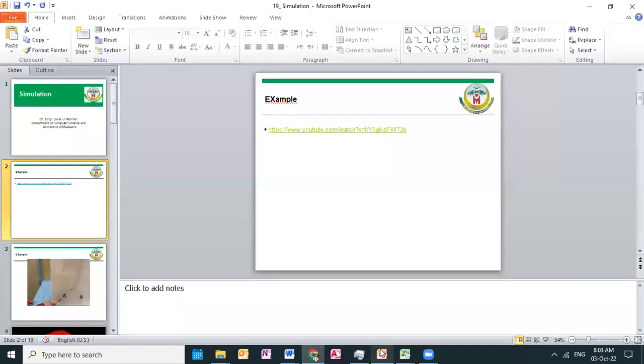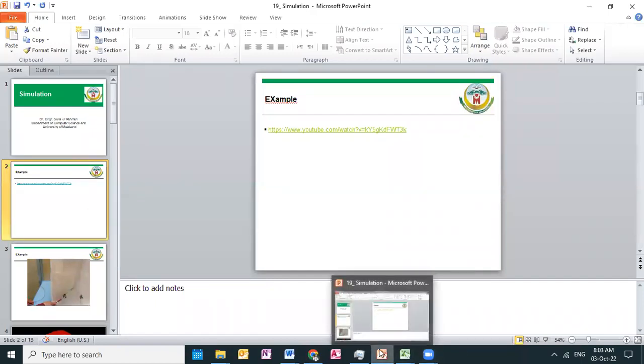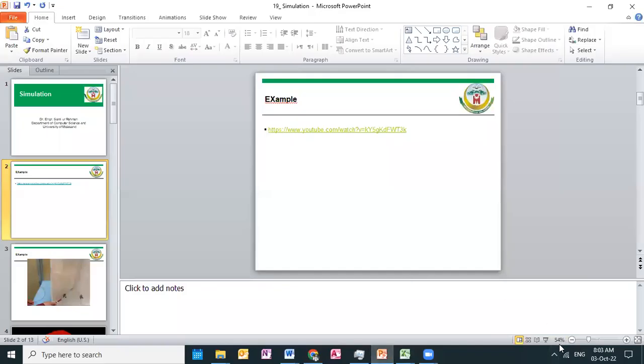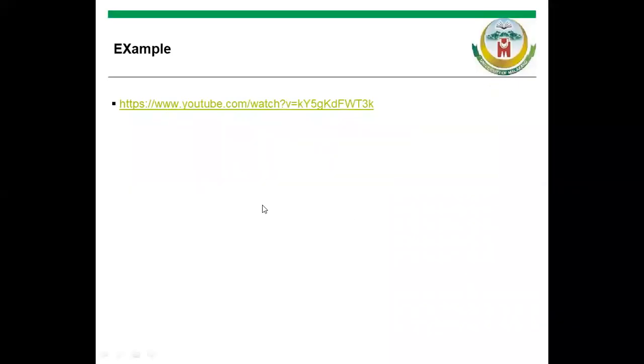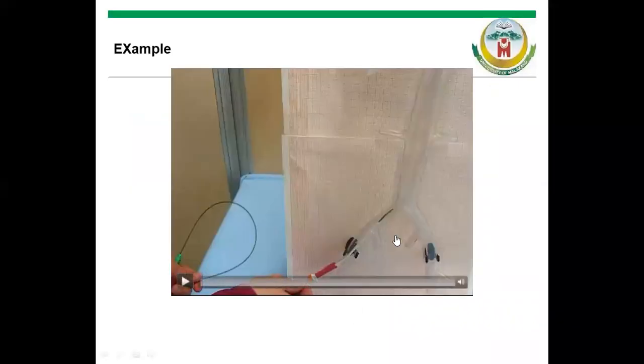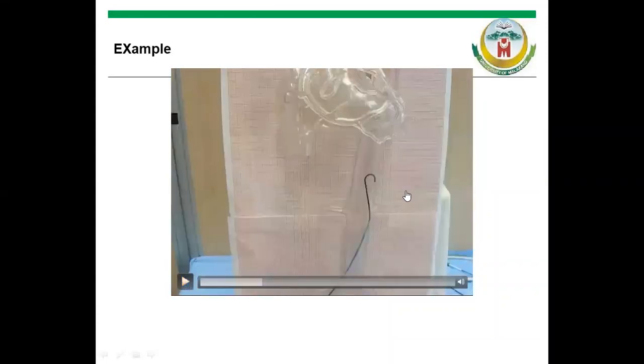Okay, so this was a procedure called coronary angiography, and I will talk about the further details of this procedure. Now this is another plastic model of the human body, and in this model, these are the different arteries, and these are the heart chambers.